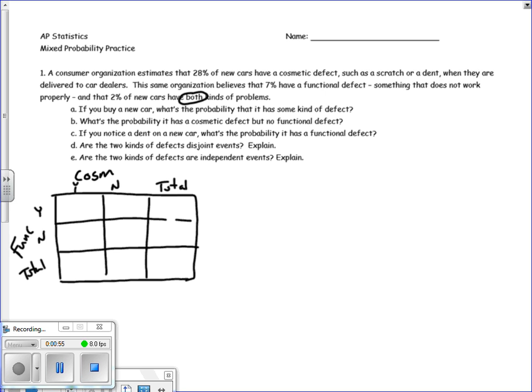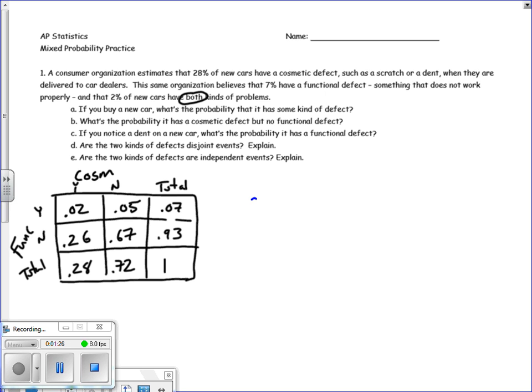So 28% of cars have a cosmetic defect, which means that 72% of cars don't have a cosmetic defect. 7% have a functional defect, which means that 93% do not. 2% of cars are yes and yes. Fill in the gaps now. So take a quick second, and then this would be 67. All right, so once we have our table, we should be good to go.